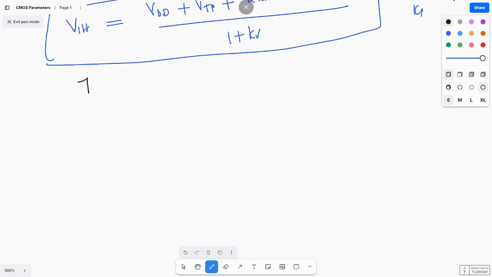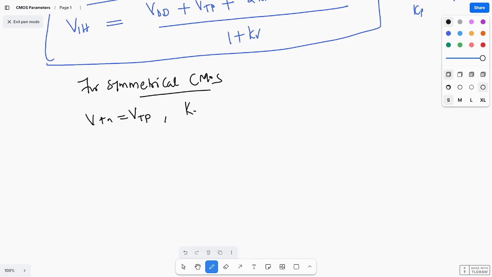For symmetrical CMOS, you need to consider VTN equal to VTP, and Kr equal to Kn by Kp, that is equal to 1.